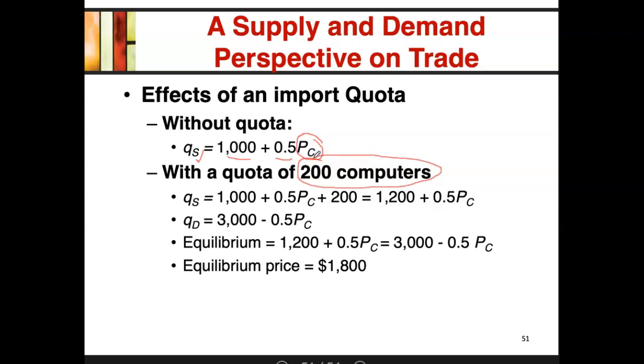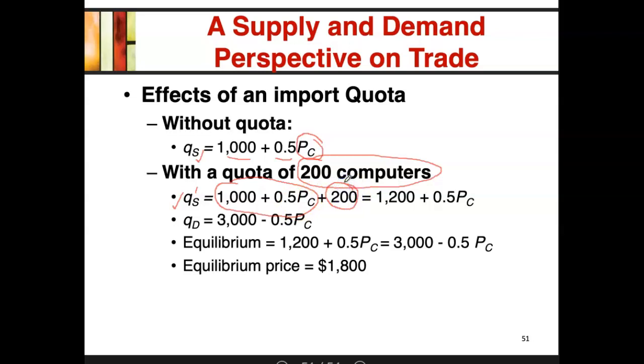So the total quantity of computers supplied is given by QS, quantity supplied. This is going to be the domestic supply of computers, which is 1,000 plus 0.5 PC, plus the extra 200 computers which are being allowed to be imported into the country.